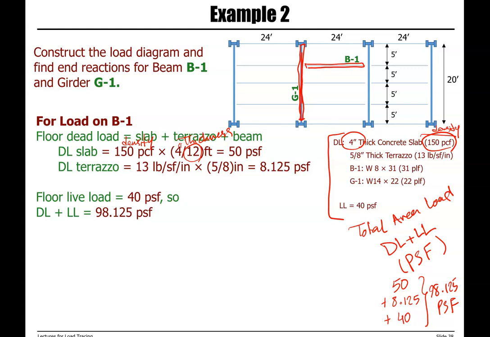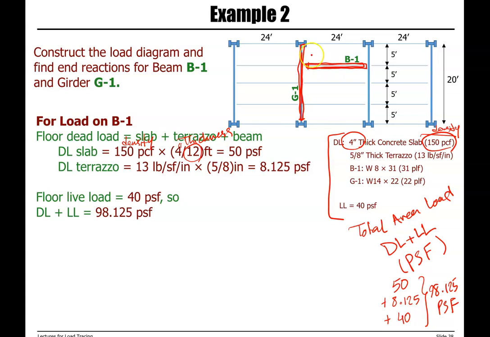The load path in this example is from the floor to beam to girder to column. But we are only looking at beam B1 and girder G1. So we have the area load. If you're looking at beam B1, beams are the members supporting the flooring system.